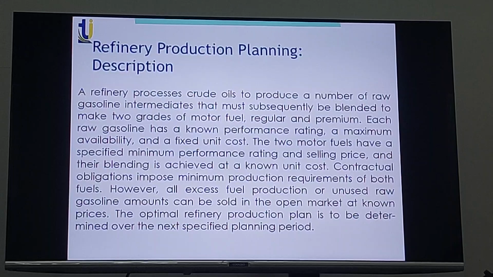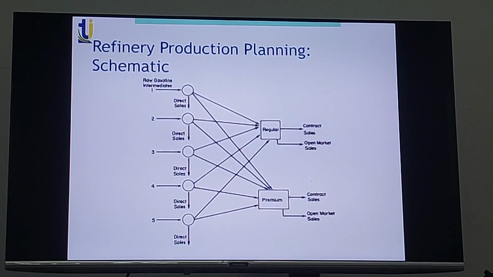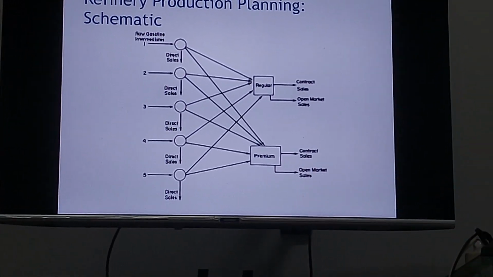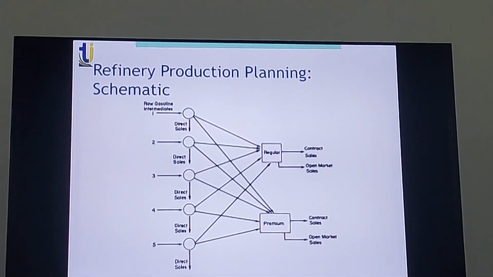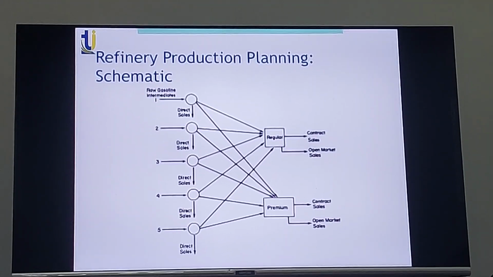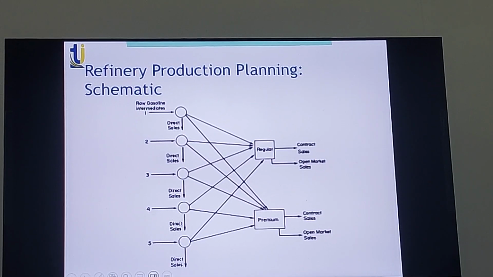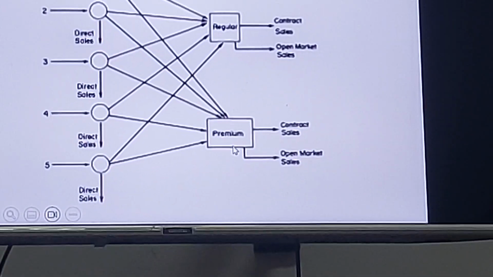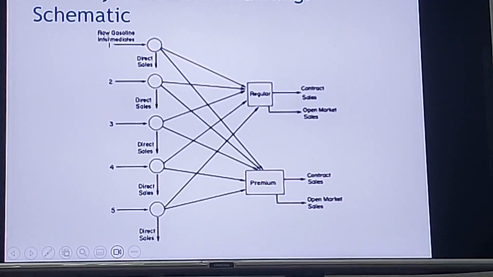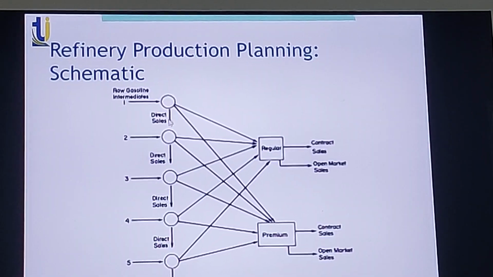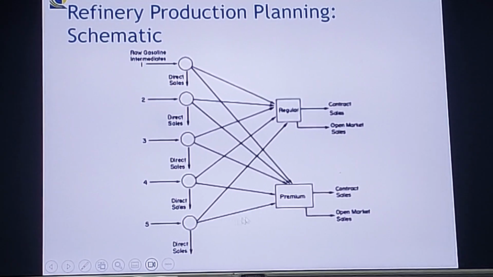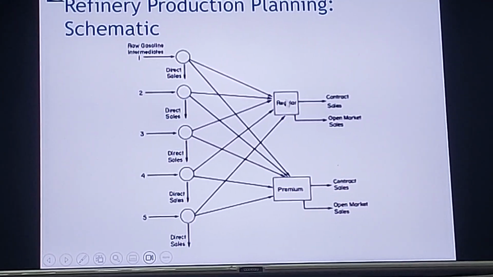So with this, the production plan is schematic. This is the raw gasoline intermediates becoming regular and premium. So I think this is a step where they can sell it until the end, but then they can make some premium and some regular.